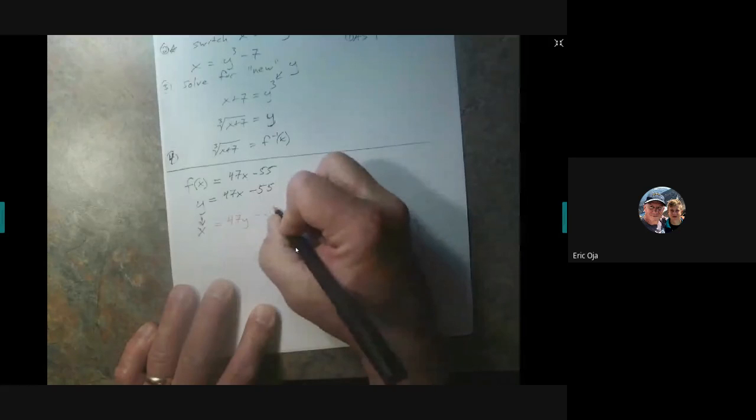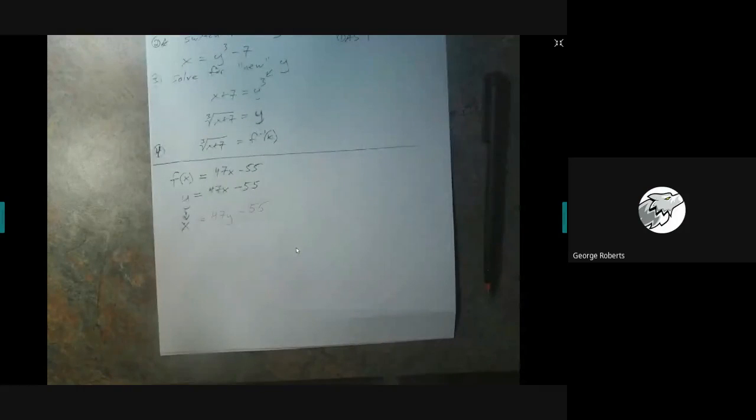So I get x equals 47y minus 55. Well, what is with my pens today, George? I don't know what's going on here. I have terrible pens. They're all running out of ink at the same time.